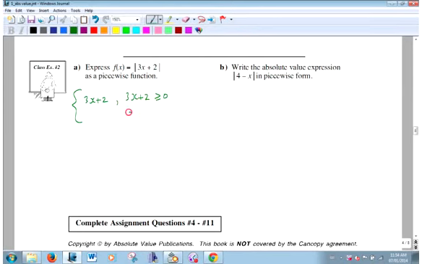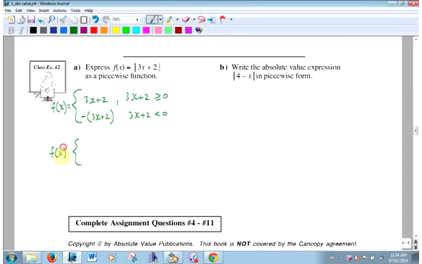But if this thing is negative, all we do is put a minus in front. That's it. So to answer it the way they want, f of x is both of these two pieces.